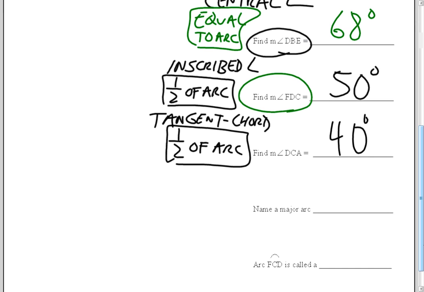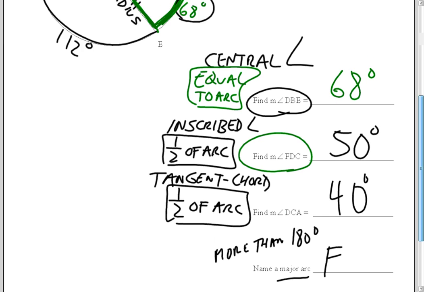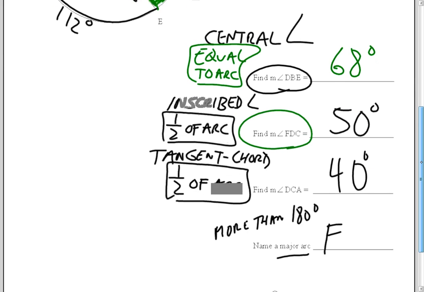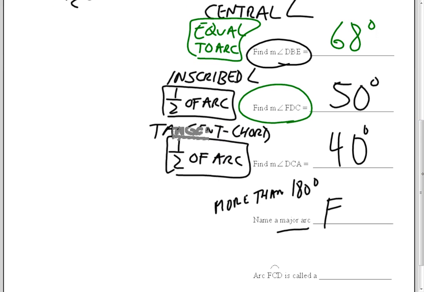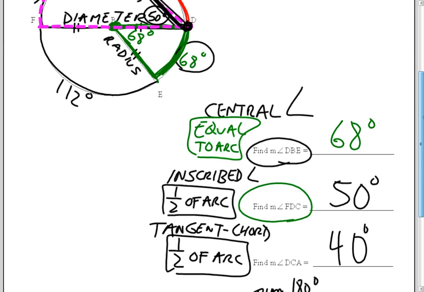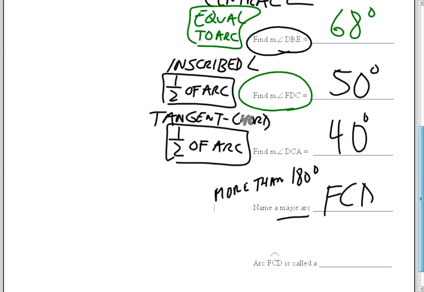Major arcs we want to be more than 180. So I just put down as many letters as is needed to be more than 180, either clockwise or counterclockwise. Let's see, looks like F to C to D to E will take care of that.